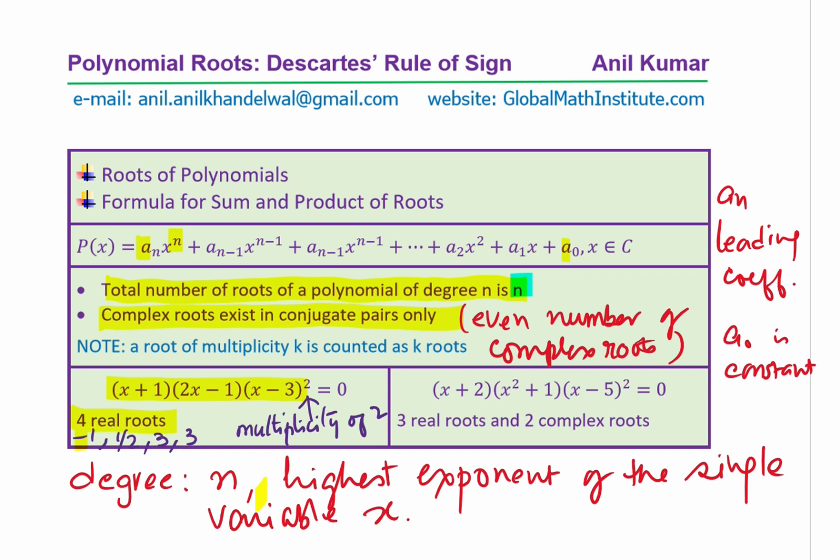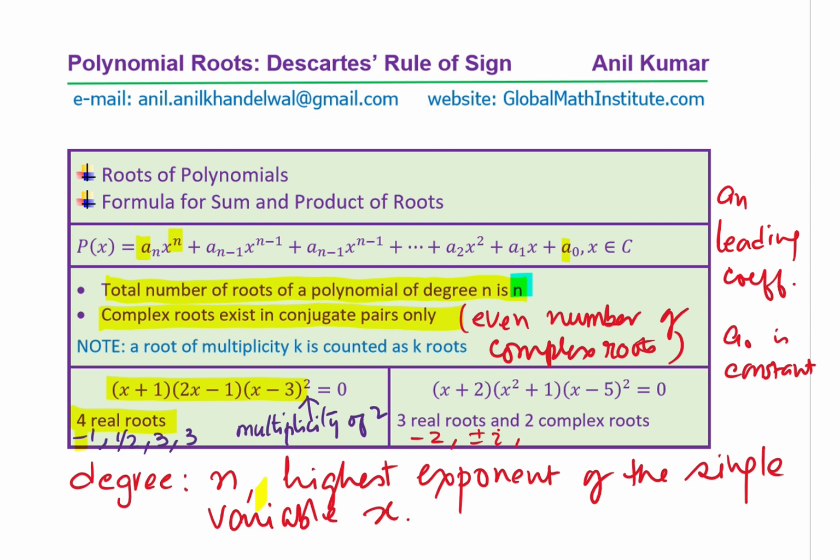Next example here is when we have a factor x plus 2, x squared plus 1, and x minus 5 whole squared. How many roots are there in this particular case? Well, this gives you one root, right, which is minus 2, correct? This actually gives you two roots, plus and minus i, as we discussed earlier.